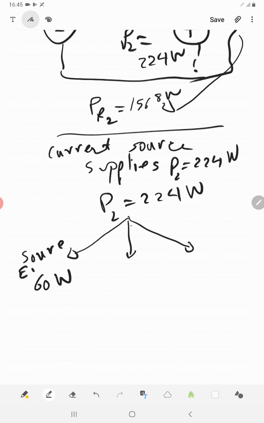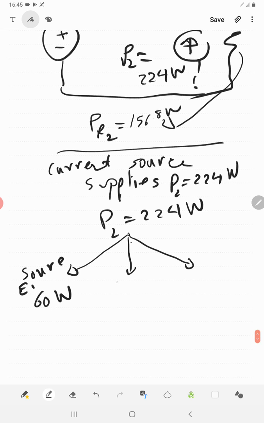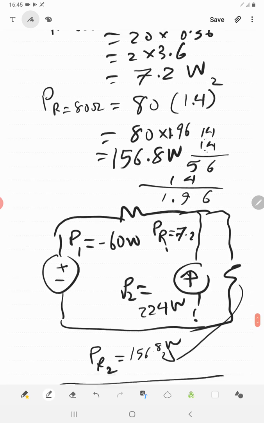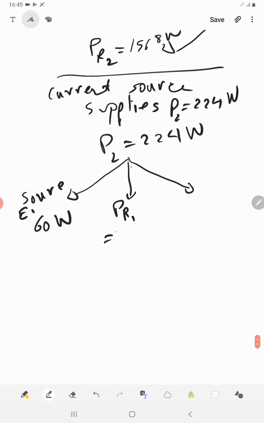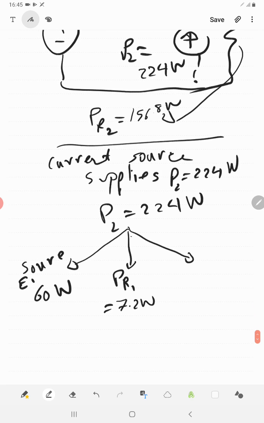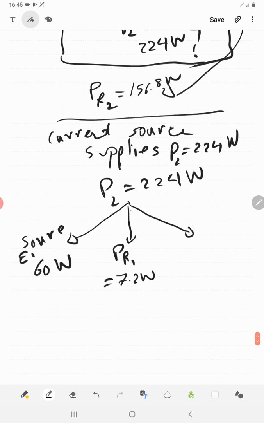The other part goes to PR1, which is 7.2 watts. And the third one, 156.8 watts, goes to the resistor of 80 ohms, PR2 equal 156.8 watts.